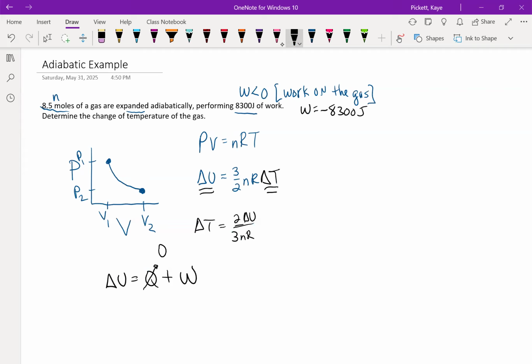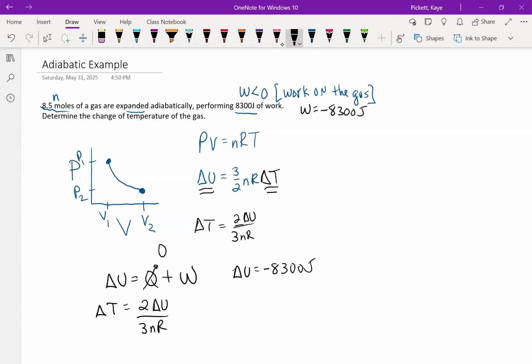It's staying isolated. And so if I'm doing work and it's not leaving the system, the temperature of the system must change. Well, so let's see what's going on here. Delta U is going to be W, which in our case is negative 8,300 joules, and delta T is 2 delta U over 3nR, and delta U is equal to negative 8,300 joules.